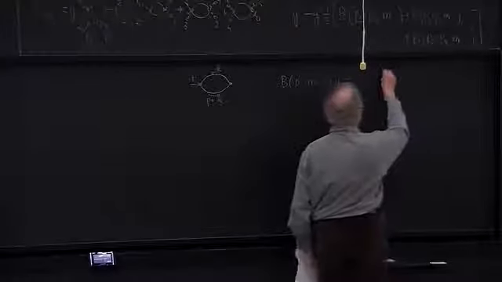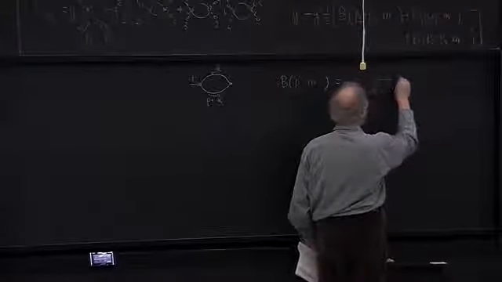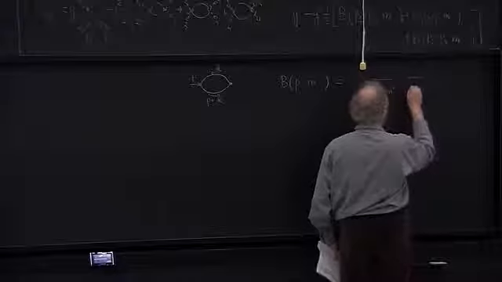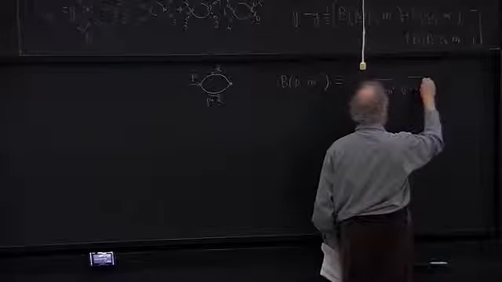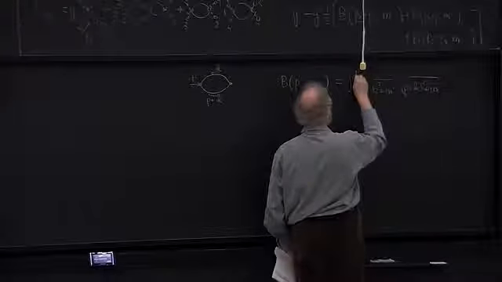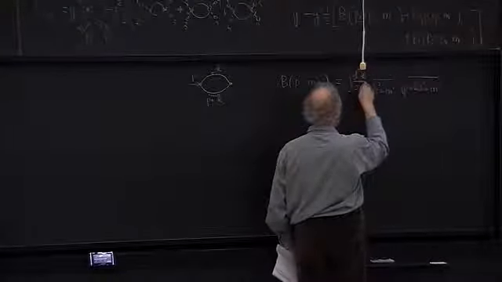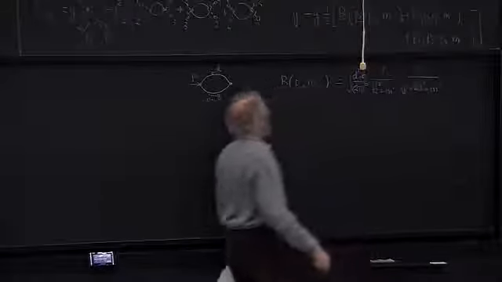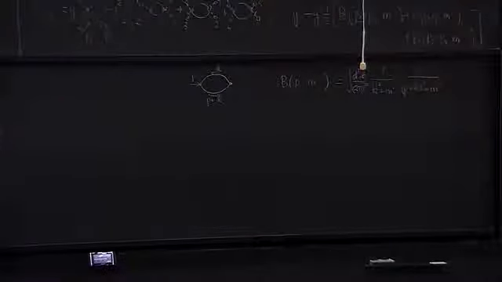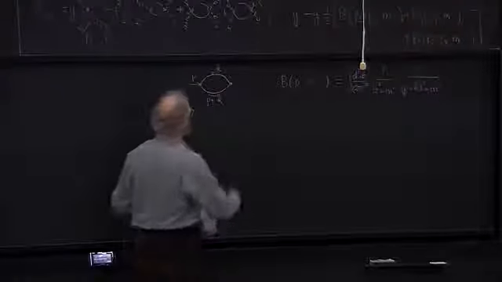So it's 1 over k squared plus m squared times 1 over (p plus k) squared plus m squared, integrated over the internal momenta, normalized by 2 pi to the d.